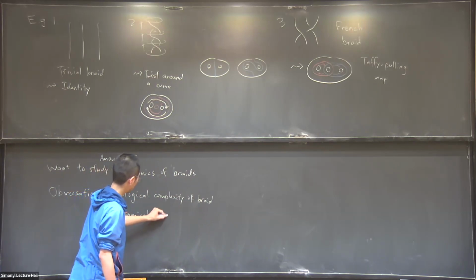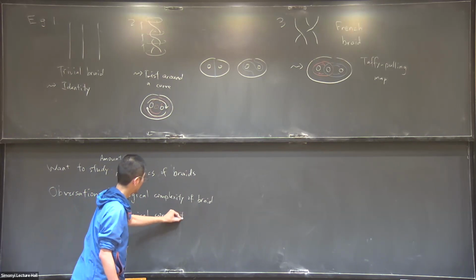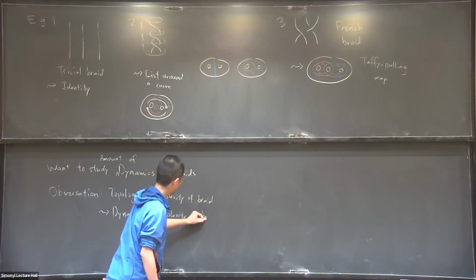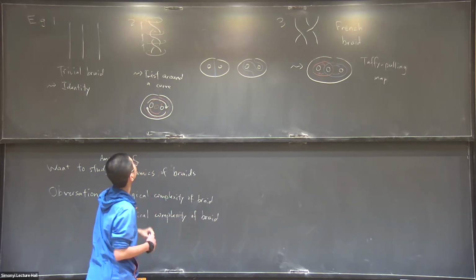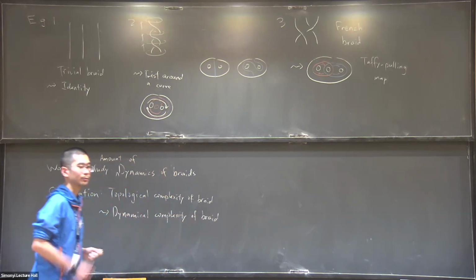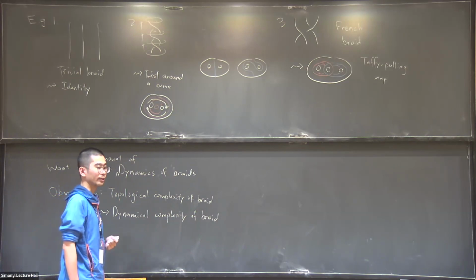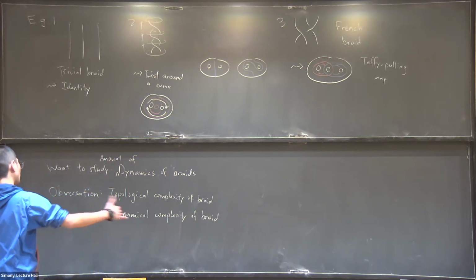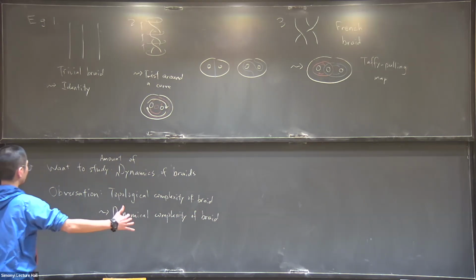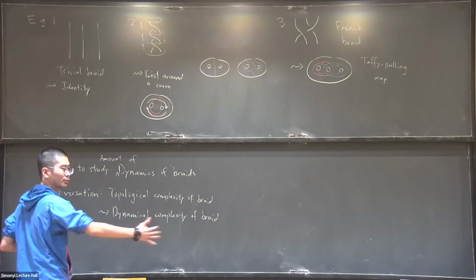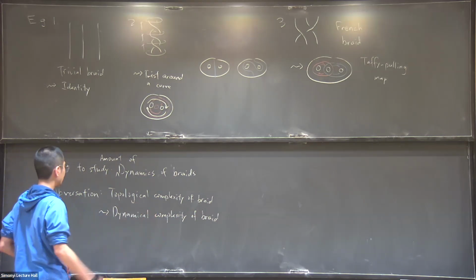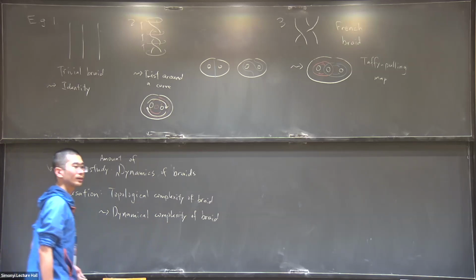For example, if you had a braid, you could repeat it multiple times, like what I did here, just do the same twist over and over again, and you would get more and more dynamics in your braid. So in one direction of the spectrum, you could get a lot of dynamics by just doing more complicated braids.